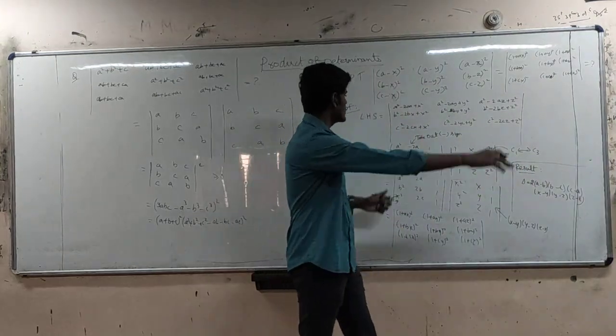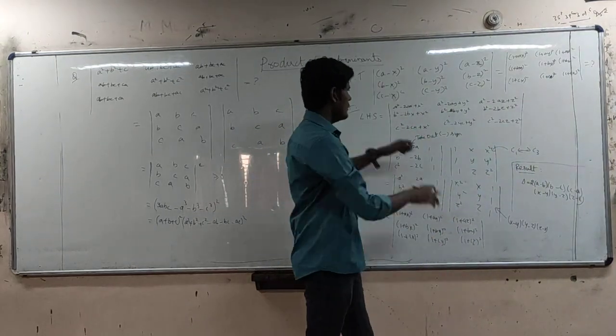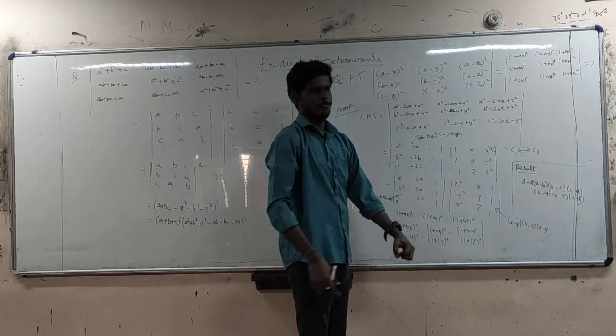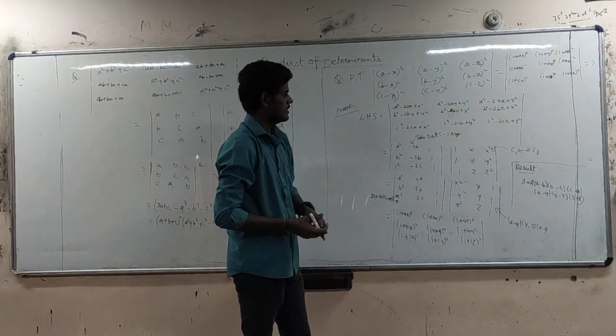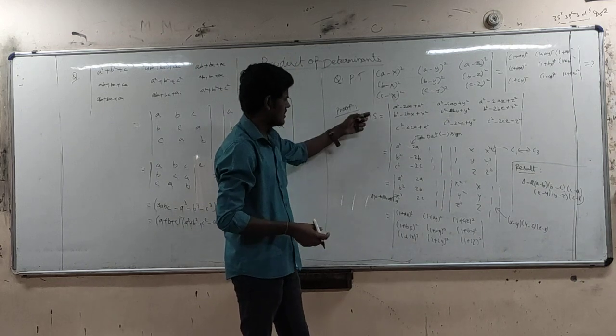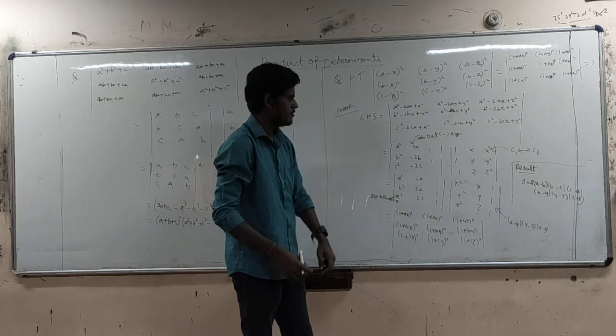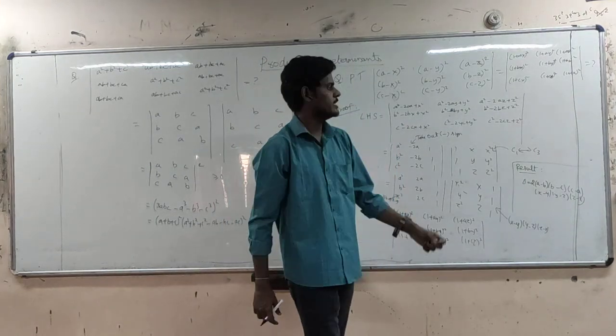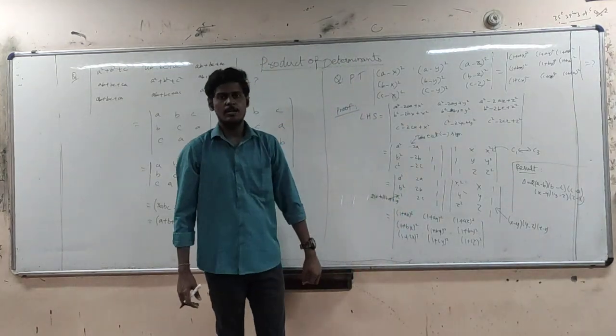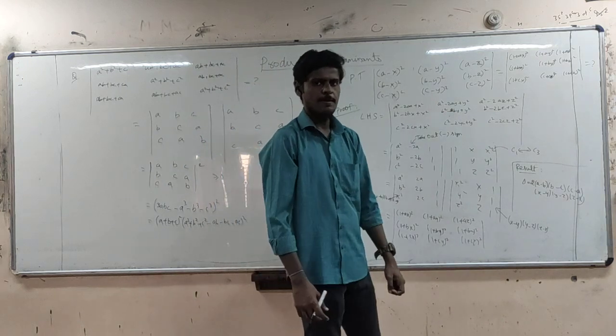See how easy it is to factorize the given determinant. If you want to expand and simplify, then it will be very difficult. Here we have written maybe 3 to 4 steps. We can easily find the value of the determinant, right?